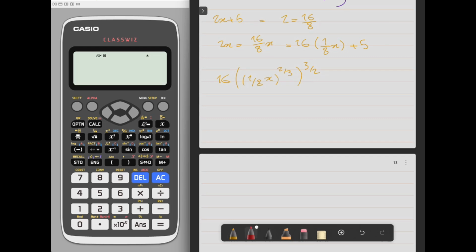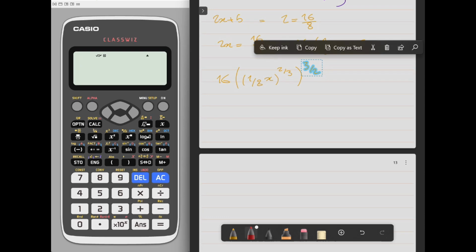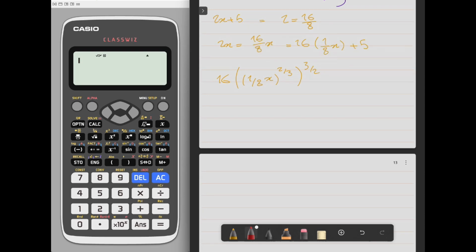If I multiply these two powers, 2 over 3 and 3 over 2, it's not going to change anything. Why? Because 2 over 3 times 3 over 2 is going to be equal to 1. And we use the law of indices which says that a to the power of m in brackets to the power of n is going to be equal to a to the power of mn.